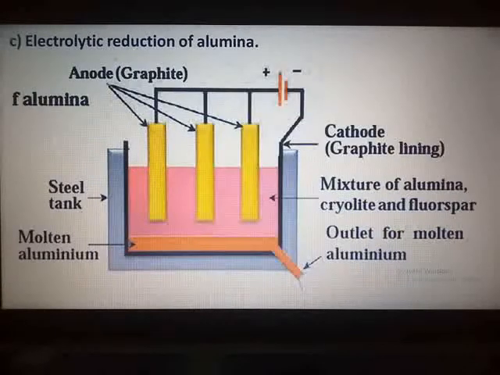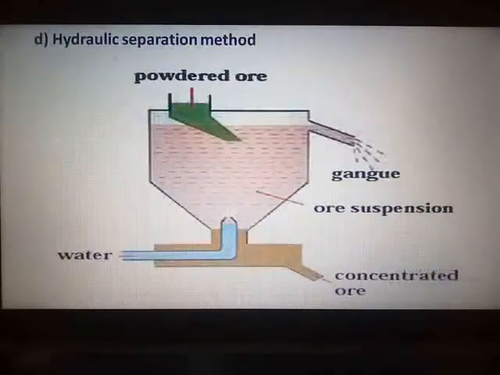Next is C, electrolytic reduction of alumina. In the textbook you will get this diagram on page number 104, figure 8.12. Next is D, hydraulic separation method. You will get in the textbook on page number 101, figure 8.9.